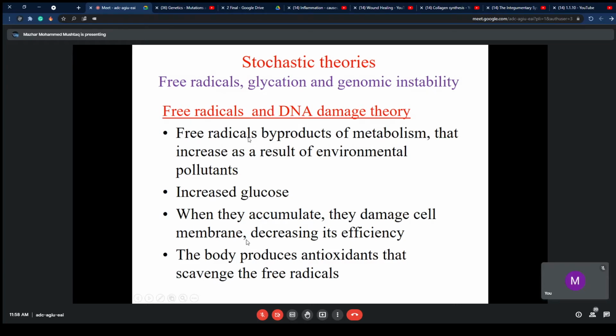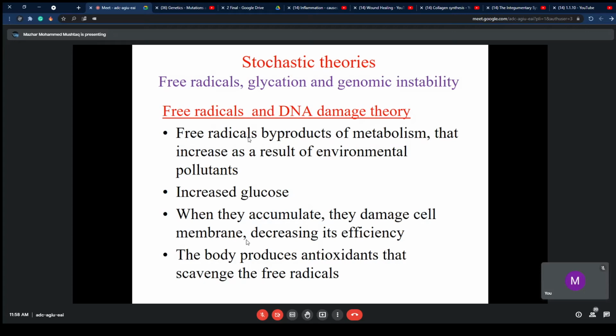Free radicals are molecules written as ROS, reactive oxygen species. So basically they are oxygen as well as nitrogen, but mostly they are oxygen species. This will produce highly reactive oxygen. It can react with any nearby molecule, any DNA, any protein, any lipid, and that would entirely change the function of that protein, the DNA, or the lipid.